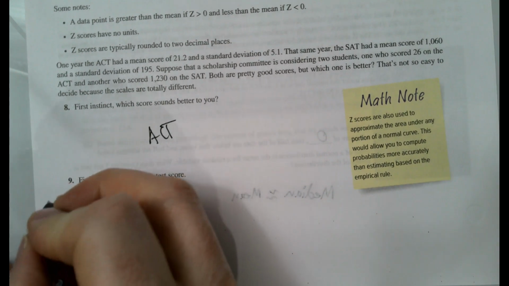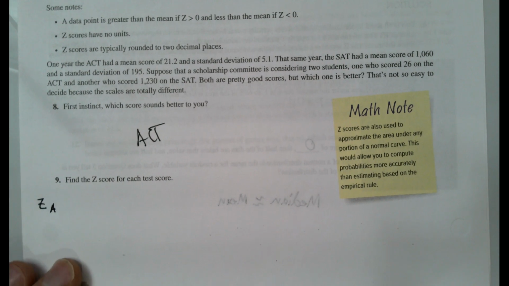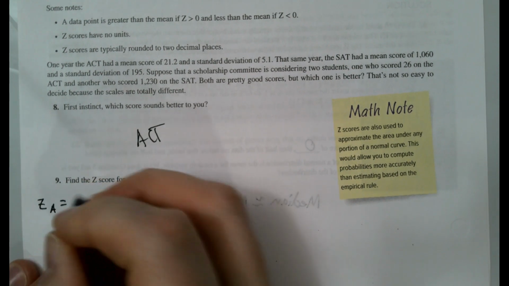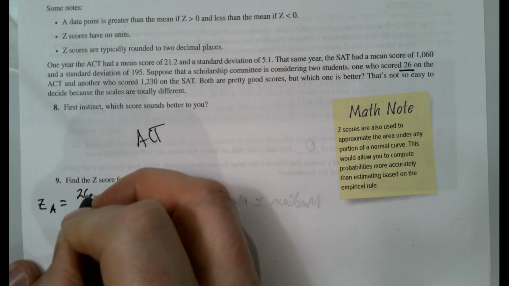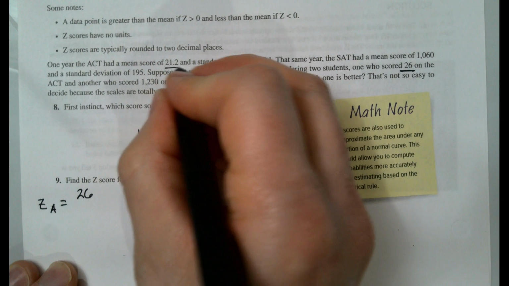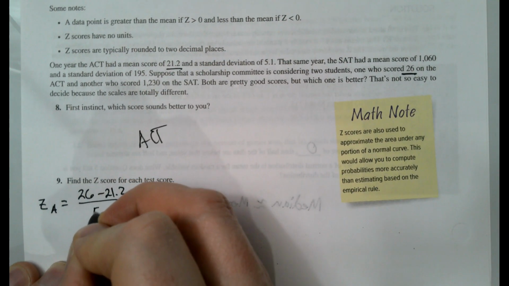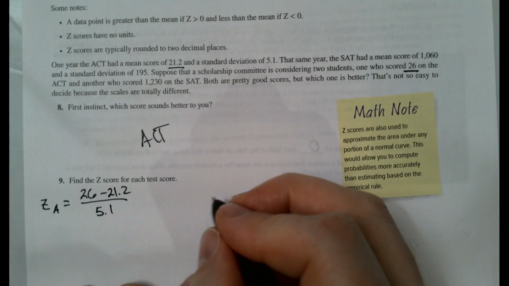So I'm going to label ZA as the calculation for the ACT student. Their data value, they scored a 26. We're subtracting from that the mean of 21.2, and dividing by the standard deviation of 5.1. We'll calculate that in a second.